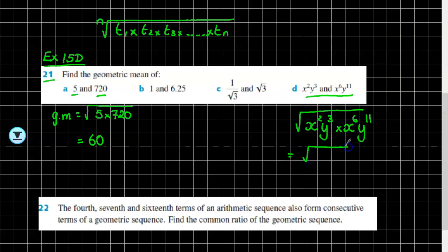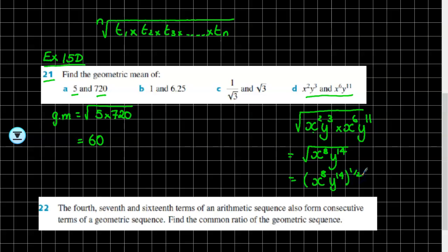What happens here? We've got timesing by the same base, so we add the powers. 11 plus 3 is 14, and how are we meant to take the square root of that? Do you remember? It might help if I remind you that we can also express the square root as to the power of 1/2.